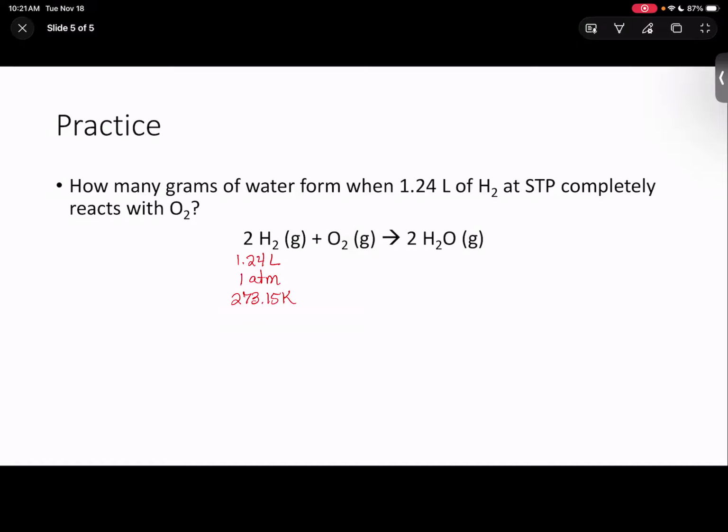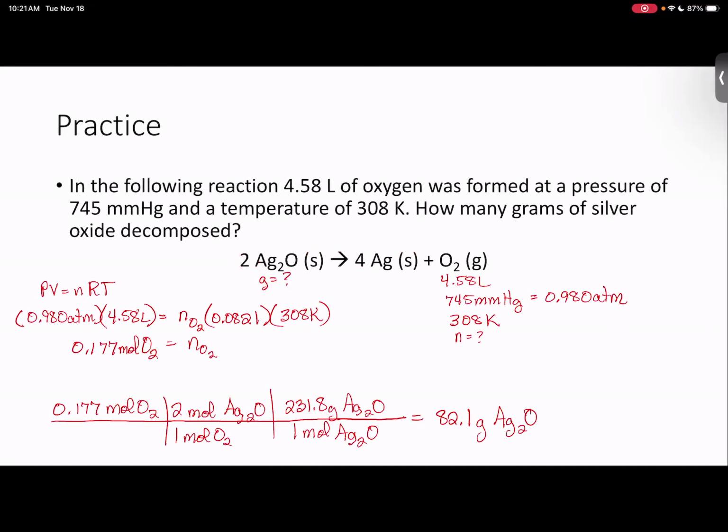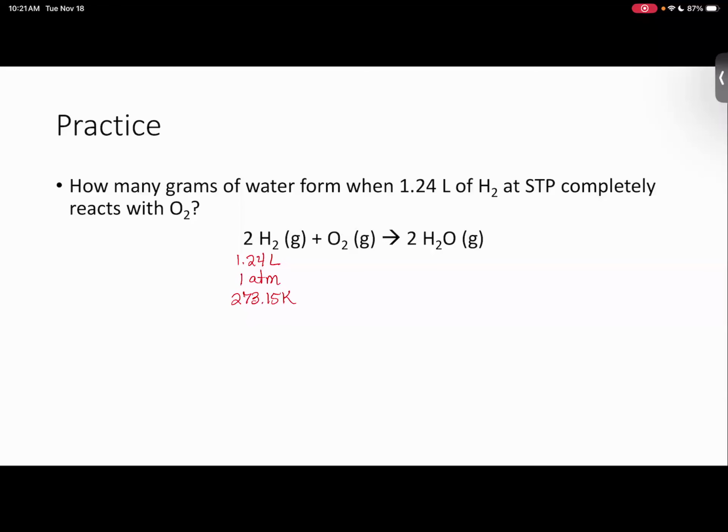I have the information here because I've got V, P, and T. I have the information to calculate n. So I'm going to use PV equals nRT to calculate the n for hydrogen.